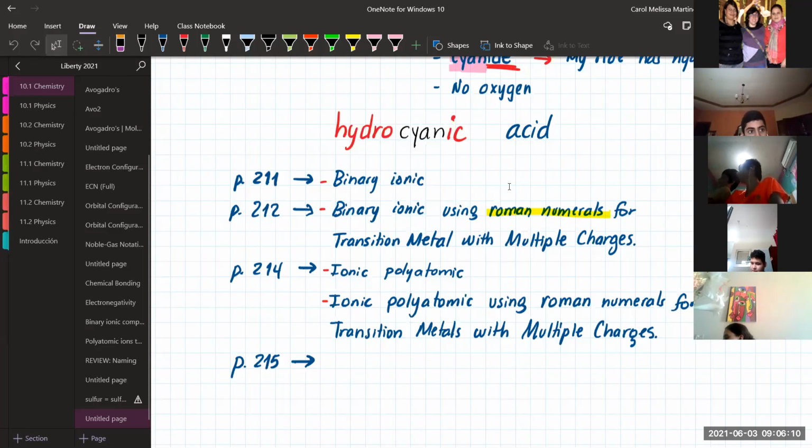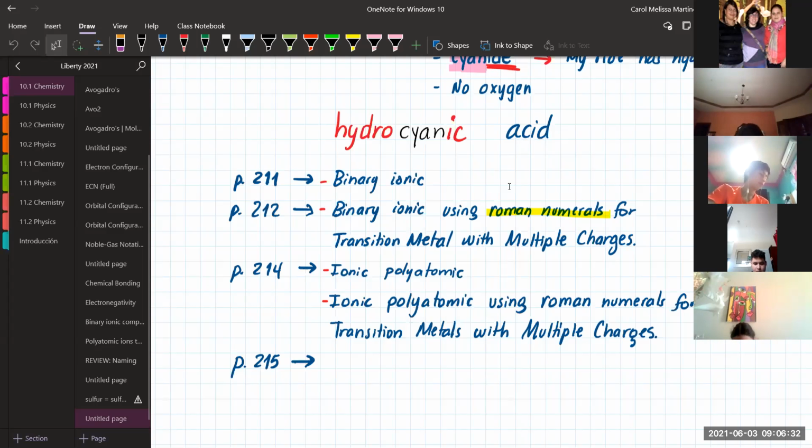Now on page 215, what topic is that? Perfect. Binary covalent compounds. Binary covalent compounds or binary molecular compounds is the same.